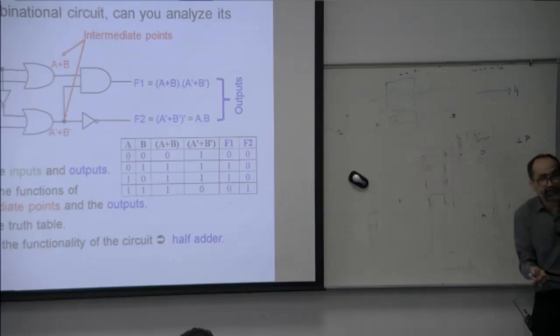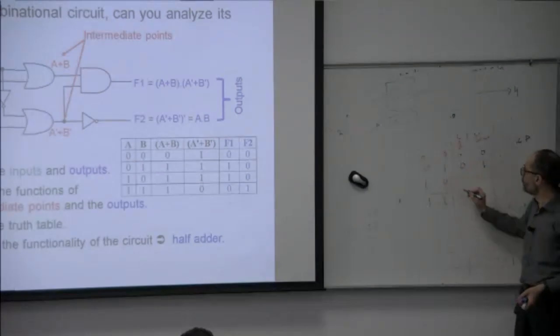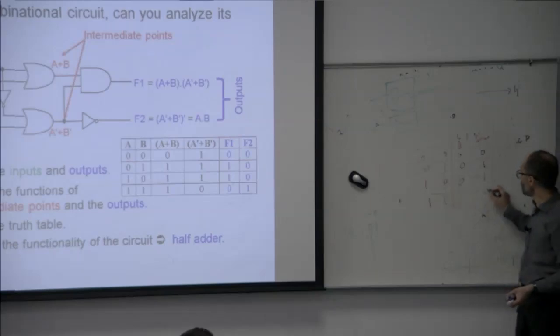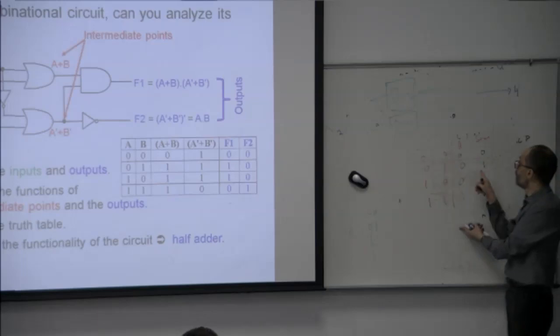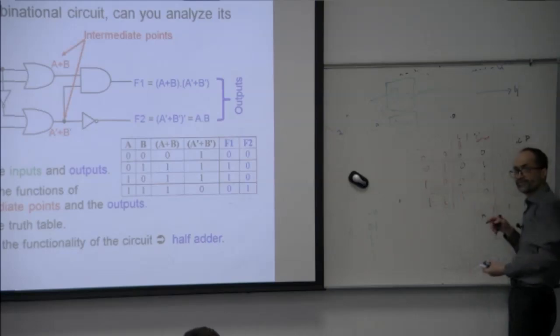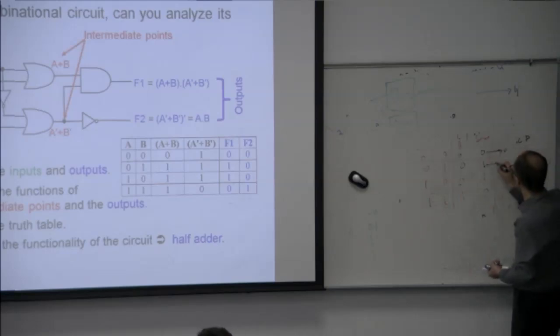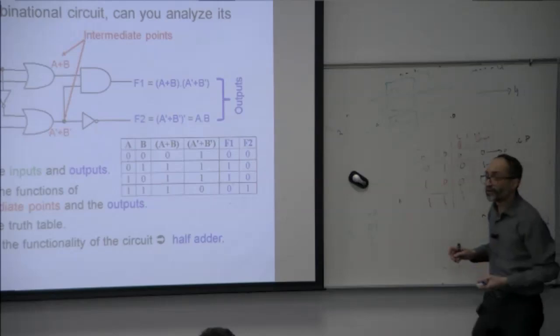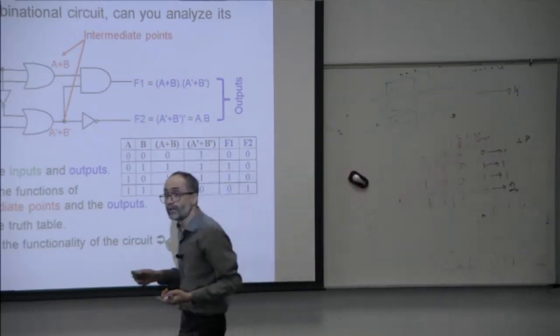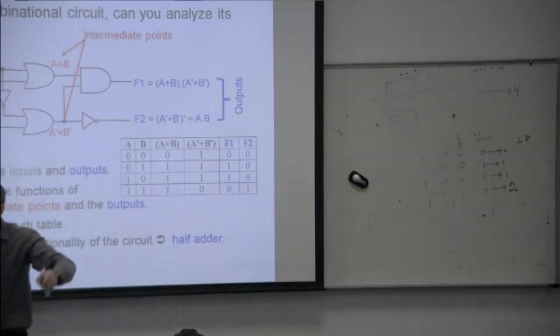This is a single bit addition. 0 plus 1, the sum is 1 and the carry is 0. 1 plus 0, the carry is 0. 1 plus 1, the sum is 0 and the carry is 1, which is 2. So the results are 0, 1, 1, and 2. Carry out is the MSB and sum is the LSB. Got it? So this is a 1-bit adder.